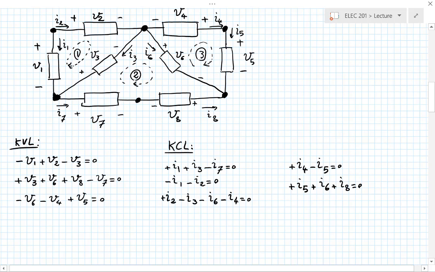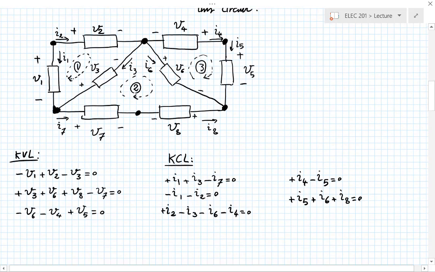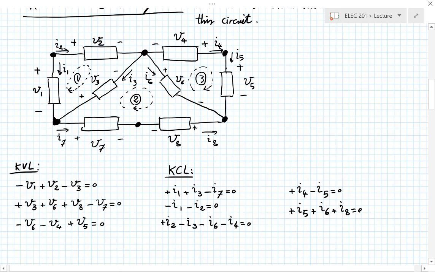So what I just did, you might say, was a very systematic thing, in that I did not start by bringing in some insight into if this current is going this way, the other one should go the other way, and so on. I didn't show any preconception, if you want.